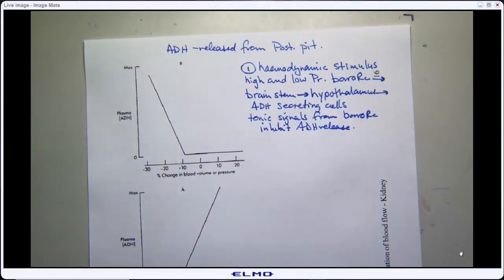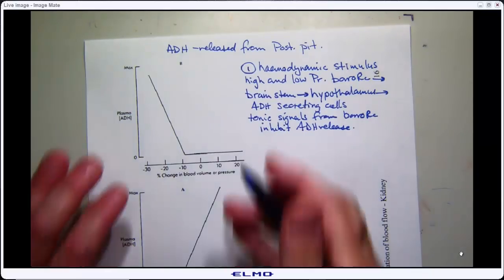So if we had a situation where we drop blood volume and we drop mean arterial pressure, we would drop the action potential frequency from the high and low pressure baroreceptors, and drop the inhibition on the cells. Okay? ADH would go up. Right, got it? Let's write that.